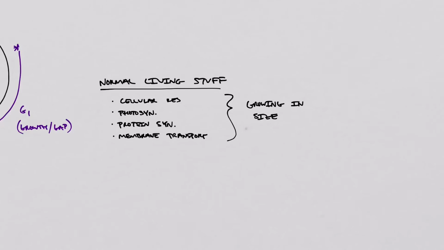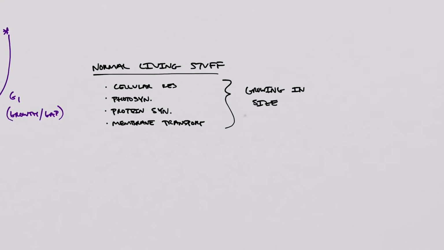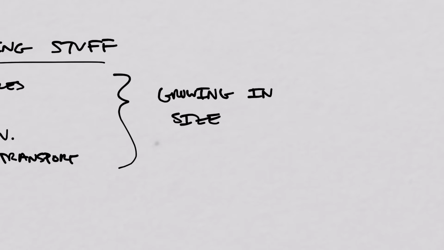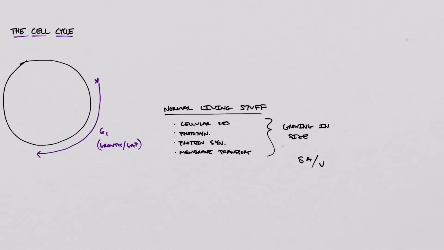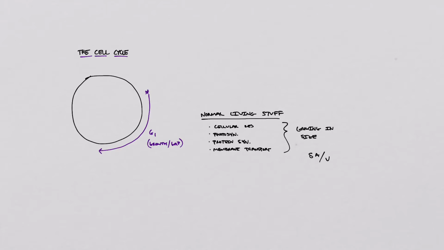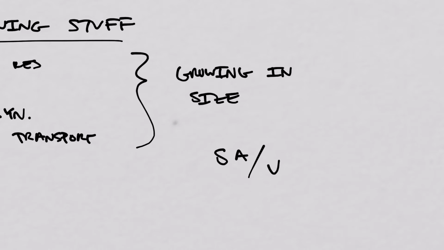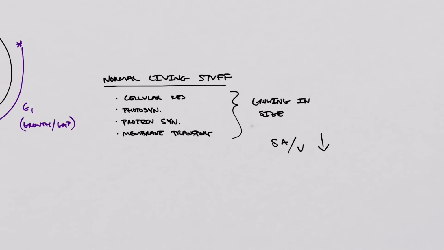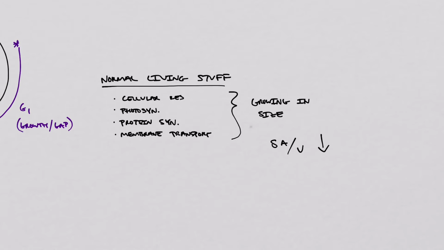So, kind of the beginning of the year, the middle of the first term, we talked about surface area to volume ratio. So you should be aware now that as the cell is growing in size, it's getting bigger, the surface area to volume ratio is actually decreasing, and this is bad for the cell because the rate of diffusion stays the same, but the surface area is decreasing, so we need more stuff to accommodate for the bigger volume, but the amount of surface area per unit of volume that we have is going down.